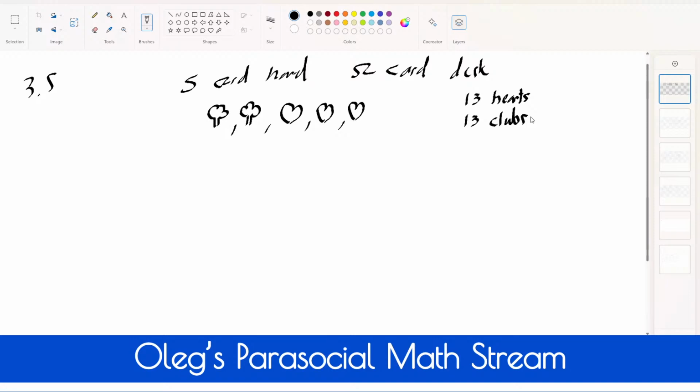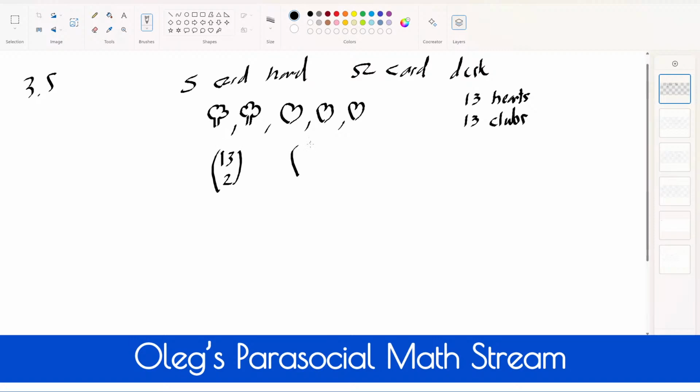Now, how many different ways can we get just the clubs? Of the 13, how many ways can we get just 2 of them? Well, we can do 13 choose 2.